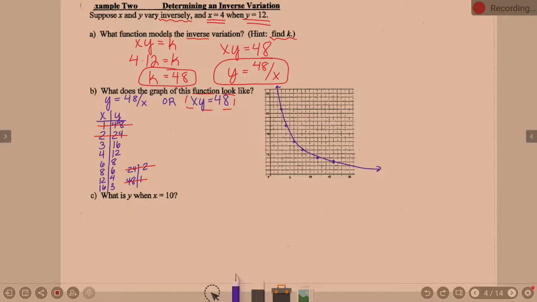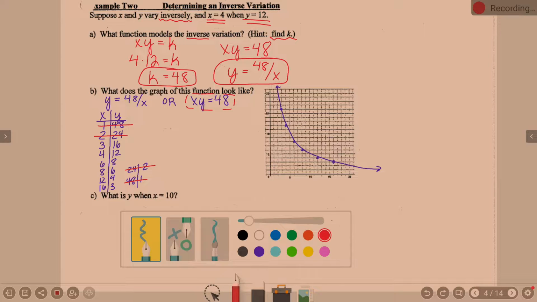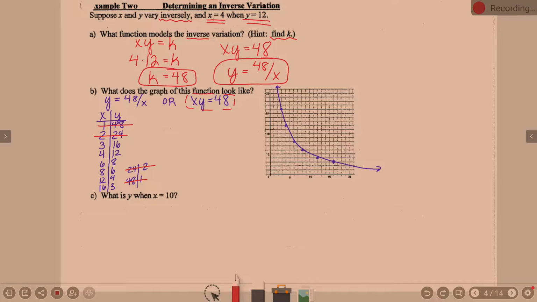Now, what if I tell you we don't quite have all the possibilities yet? How else can we multiply to get 48? What'd you say? -1, -48.